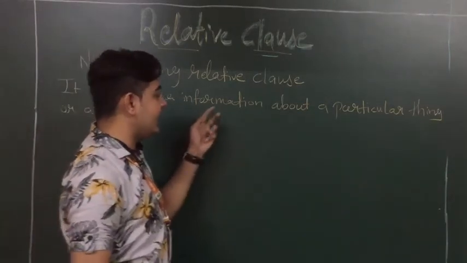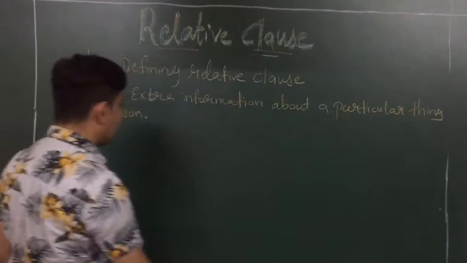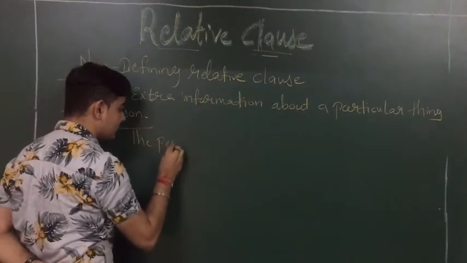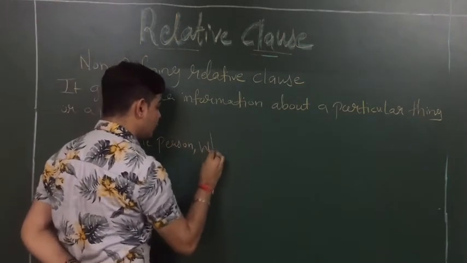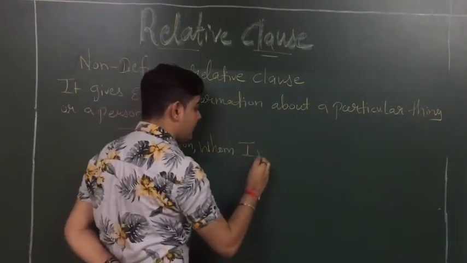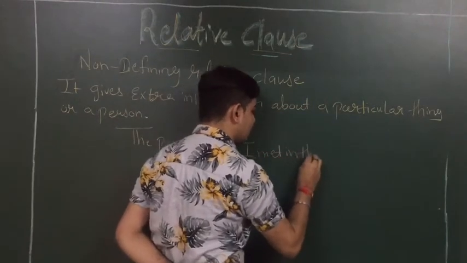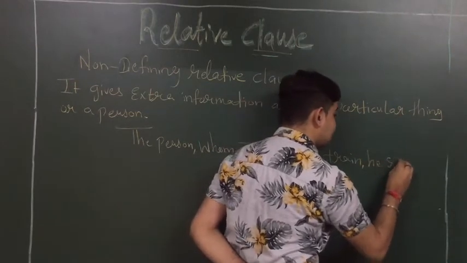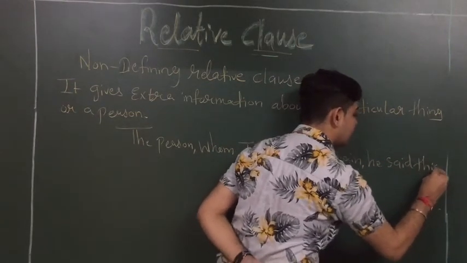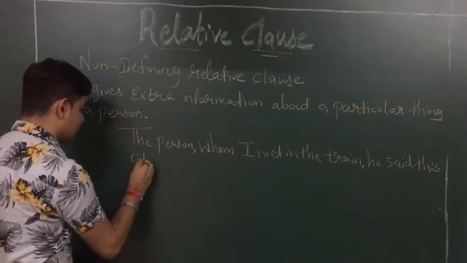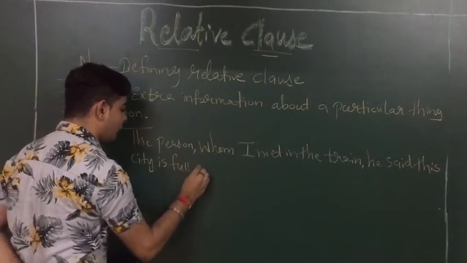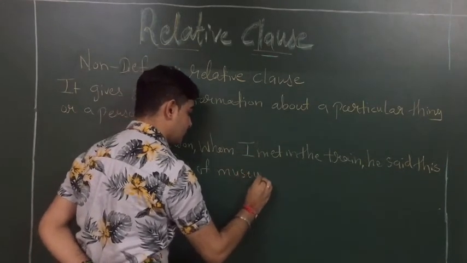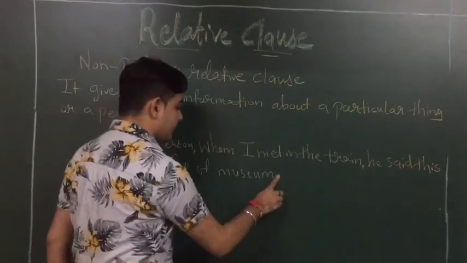कौन से इंफॉर्मेशन देते हैं? एक्स्ट्रा इंफॉर्मेशन. Like I have given you the example, the person whom I met in the train, he said this city is full of museums. ठीक है?